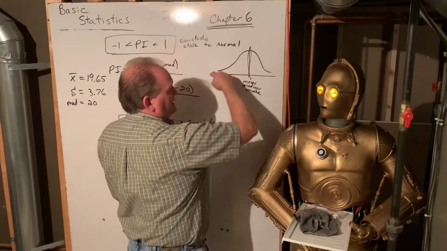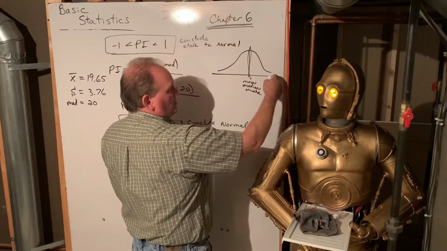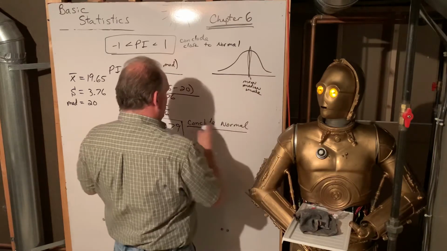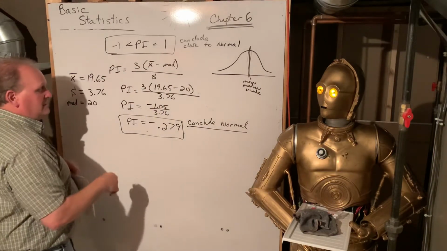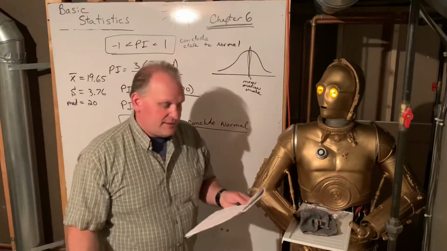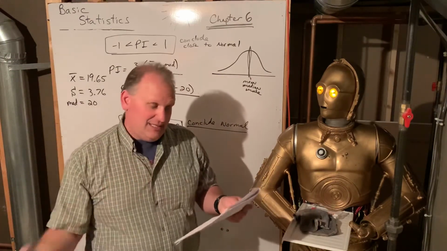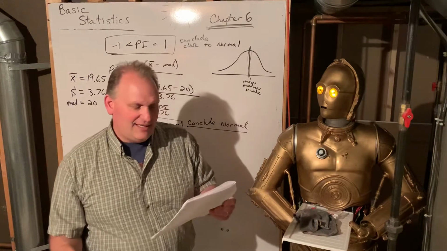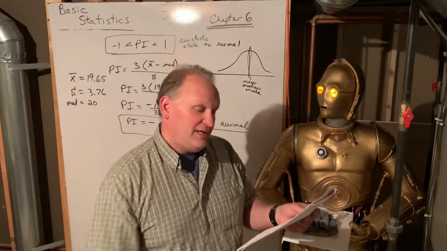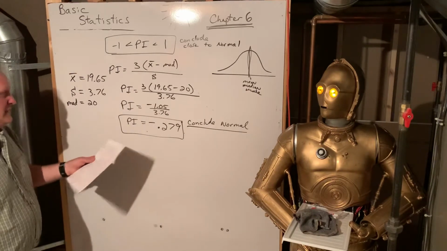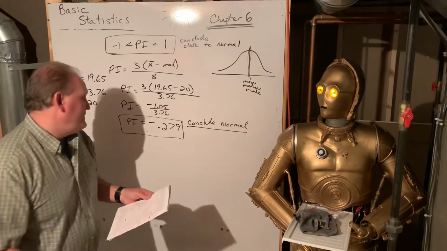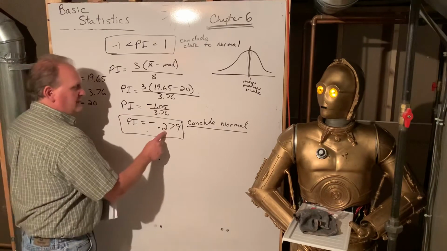Instead of a bump like this, it's like a mode there and a mode there, and the Pearson index will still kind of put it close to 0. So the for-sure way of double checking is making a histogram, but we're not going to do that. If you're actually doing a stats workup on some data, you would want to do a histogram for your study. All right, so the Pearson index is close enough to 0 that it goes.